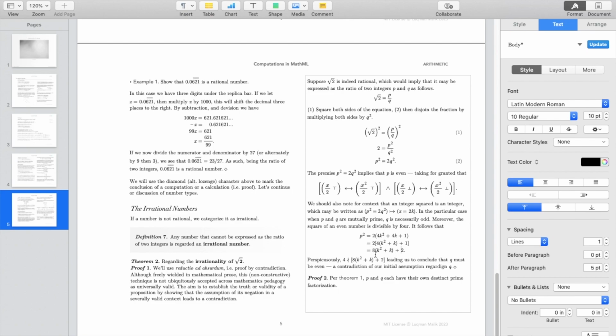So p squared is in fact, if we assume that P and Q are mutually prime, where P is prime, as implied by this expression here, and a forcing of Q being odd in that case, we see that we have a contradiction that's generated down here, because if P squared is in fact even, its value must be divisible by 4.